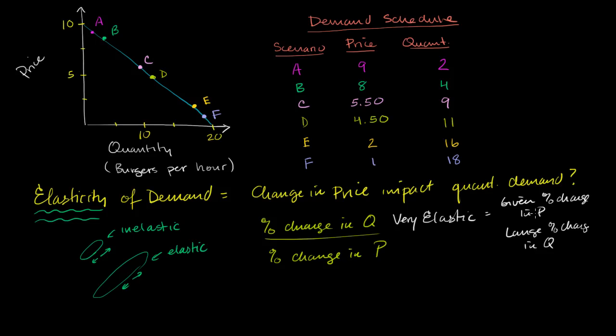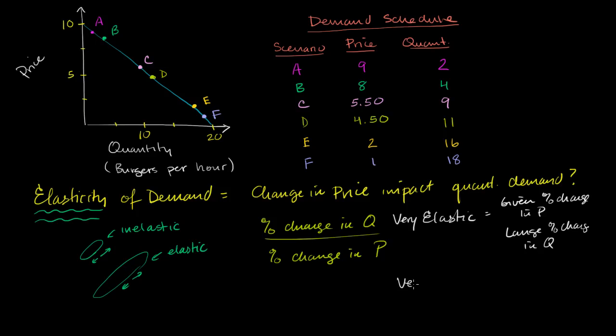You could imagine P is like the force, and Q, the quantity demanded, is how far the thing can get stretched apart. That's why we call this very elastic, just like a very elastic rubber band.